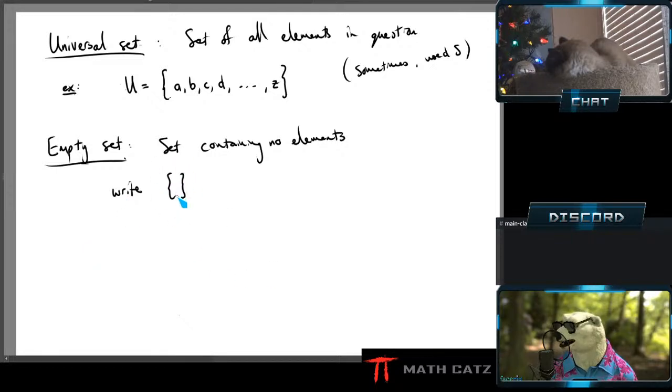Just two curly brackets with nothing in it seems a little out of place and can be misread easily. So this is a little sloppy, though technically I suppose correct. We'll give it a name. Special symbol to always refer to the set that contains nothing. And we'll use the Greek letter phi.